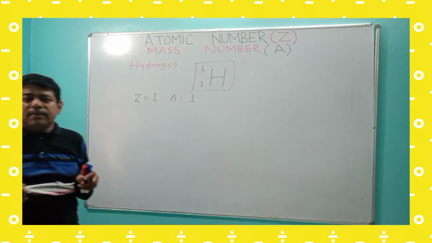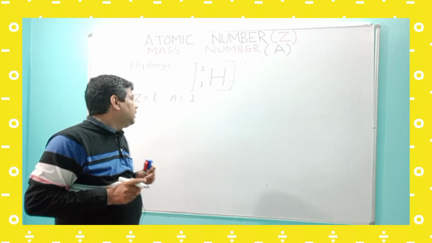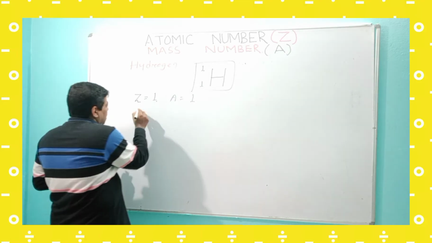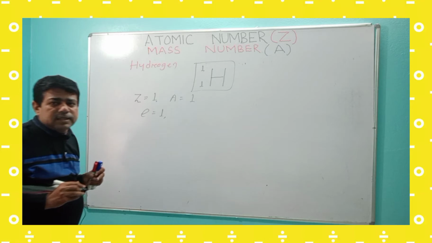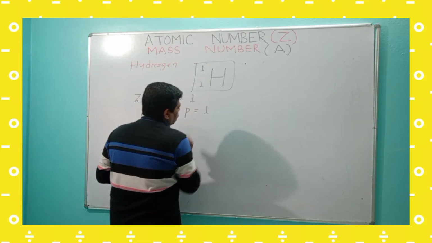So for hydrogen, atomic number and mass number are the same. The atomic number means number of electrons. So atomic number 1 means number of electrons is 1. And protons are also 1.